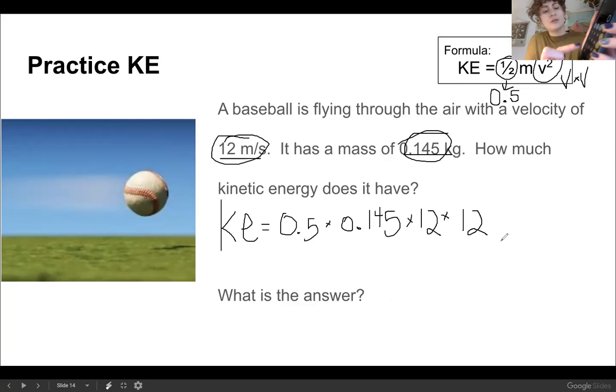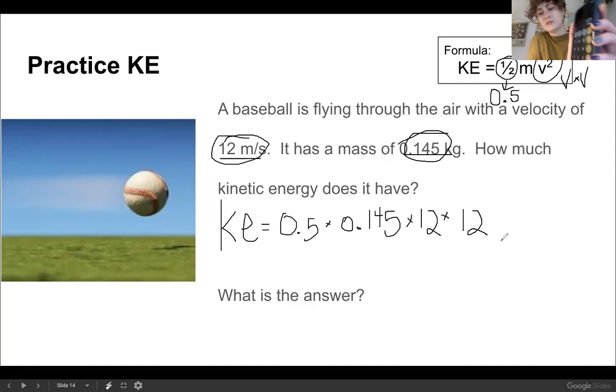So we're going to do 0.5 times 0.145 times 12 times 12.